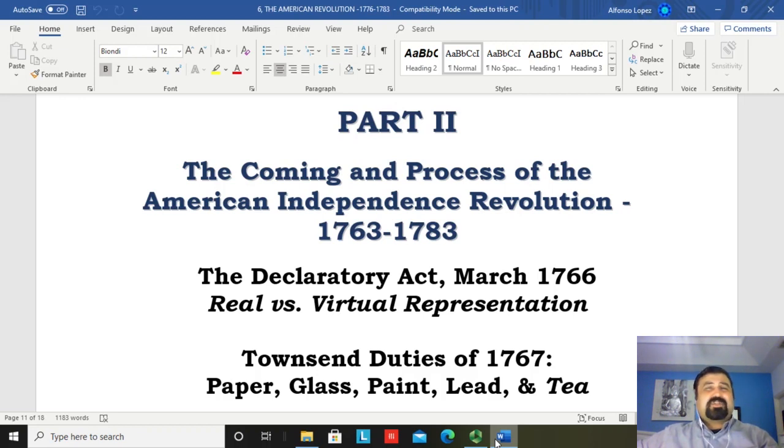Political representation, popular sovereignty, the ideas of democracy, for example, that we're so familiar with, the ideas of natural rights philosophy, life, liberty, and property, elections, and the like.